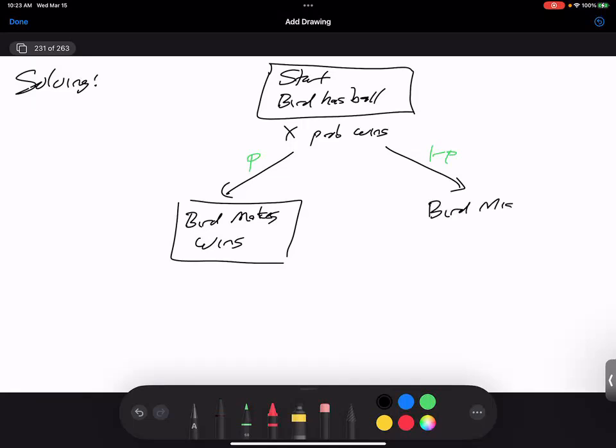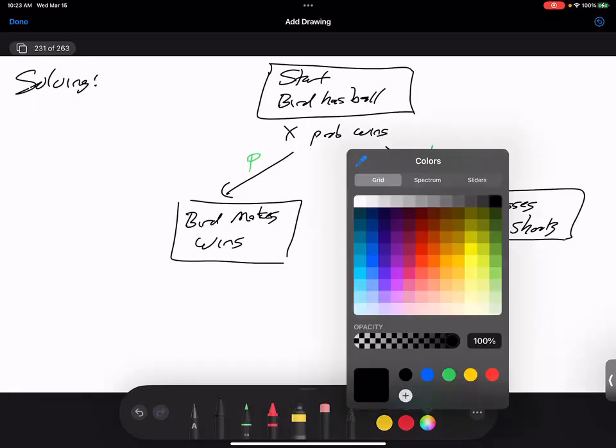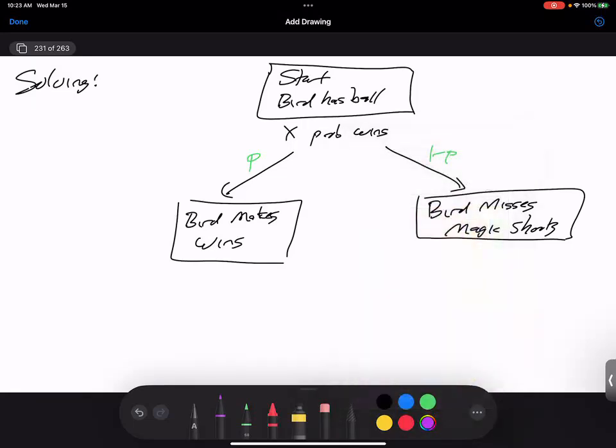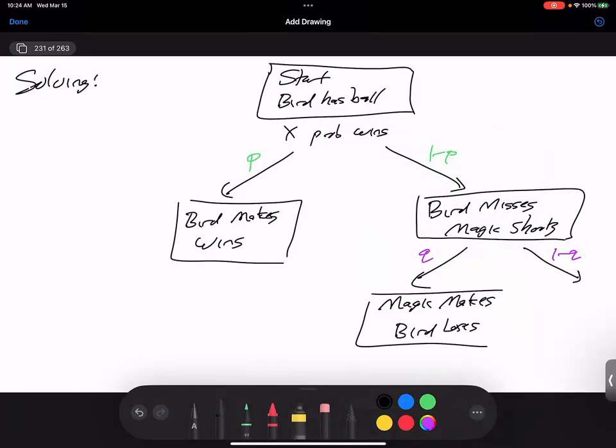Bird misses, Magic shoots. Now that we're in this situation, Magic is shooting, and we have two possibilities, with probability Q and 1 minus Q. Magic makes, Bird loses. Now Magic misses, so it's like we restart the game.